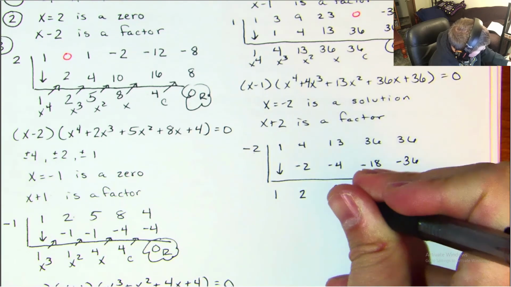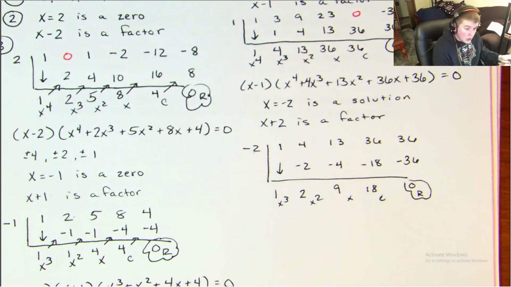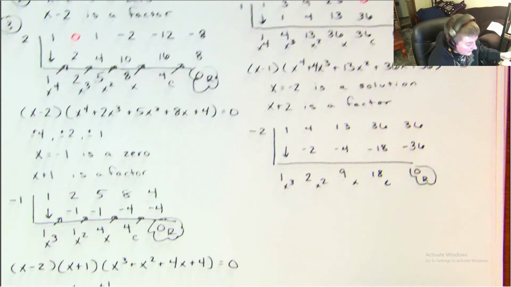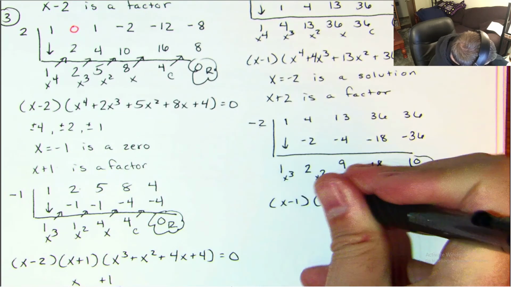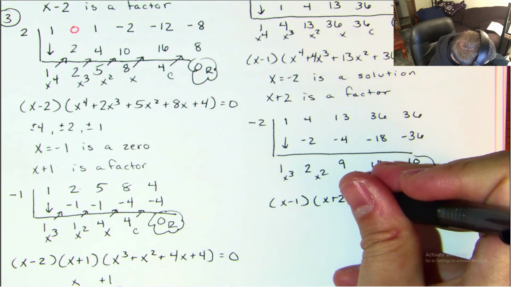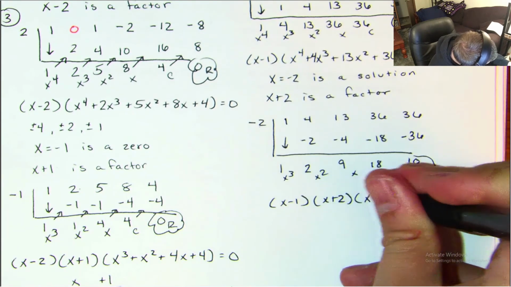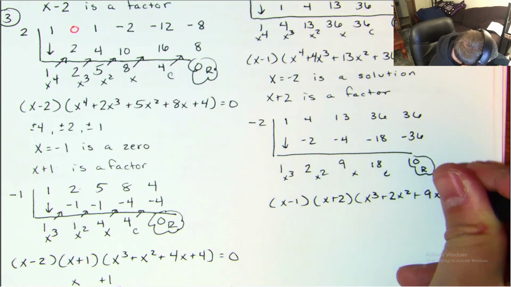Constant, x, x squared, x cubed. And then I can go ahead and get x minus 1 times x plus 2 times x cubed plus 2x squared plus 9x plus 18.